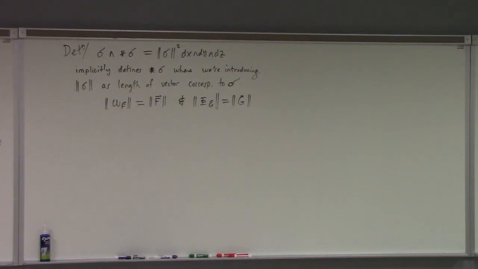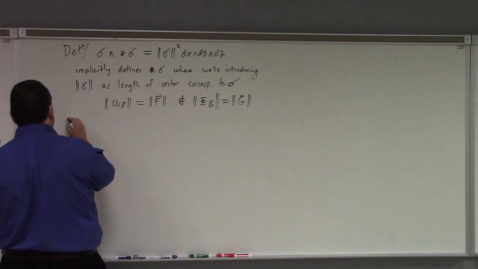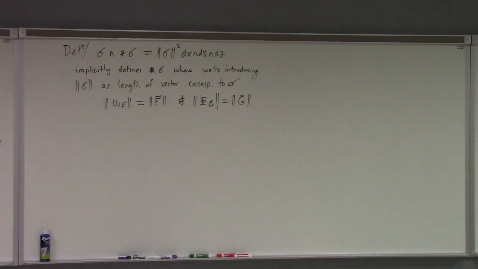Now, it might not seem like I'm doing anything yet, and I guess I haven't done that much. But now I want to talk to you guys about cylindrical and spherical frames. So I need to introduce yet another definition to be careful here.